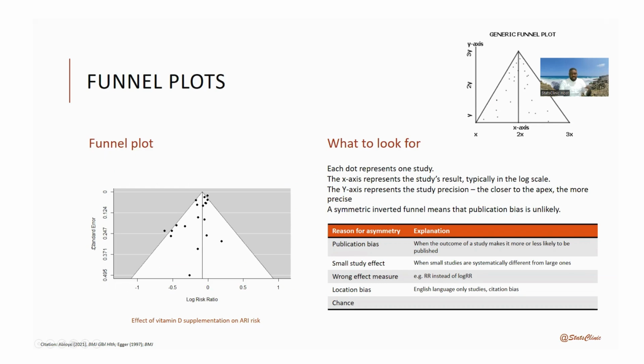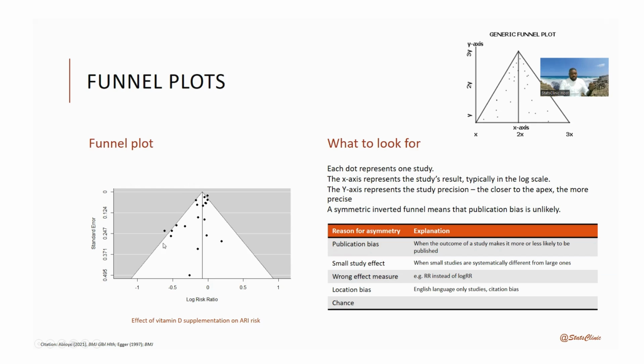On the y-axis is the standard error, right? And you have this funnel where the apex of the funnel is typically at 0 here, and the point estimate for the pooled estimate is along this vertical line. So in this study, the pooled estimate would have been negative 0.1 or something along those lines.